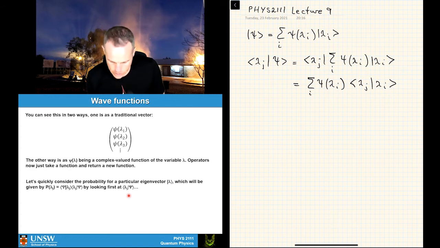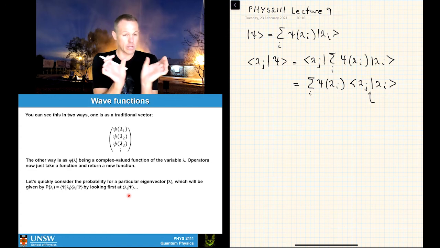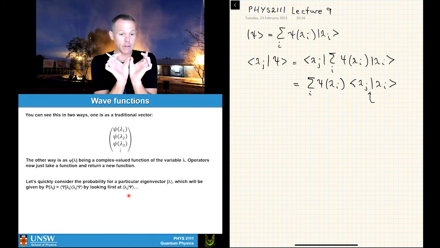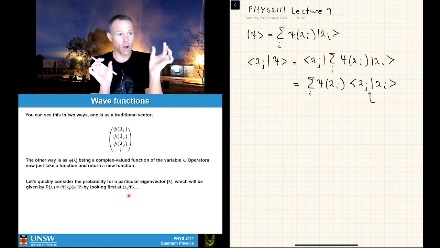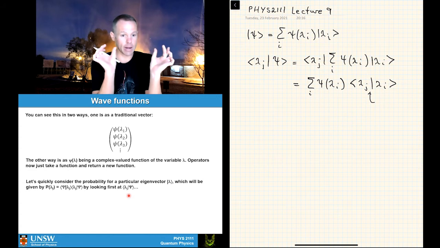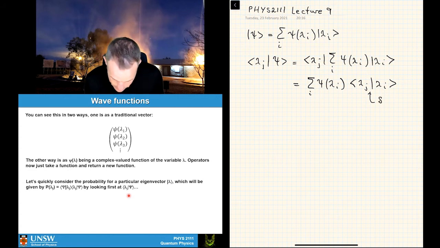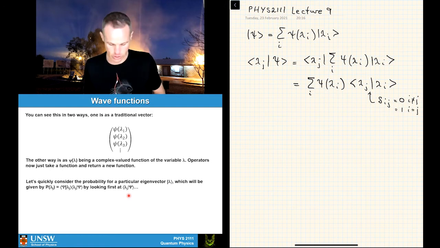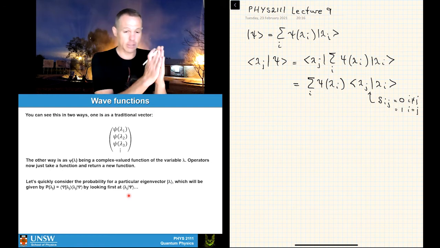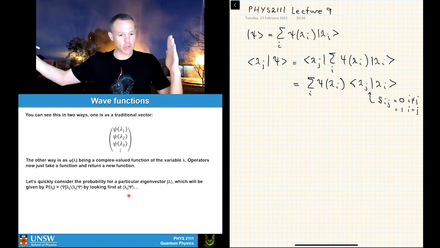And of course, we know this thing, lambda j, lambda I, is really just an orthogonality relation. We've got an eigenvector lambda j and an eigenvector lambda I, and we're taking the inner product. So this thing's going to be delta ij, and we know that delta ij equals 0 if I is not equal to j, and it's equal to 1 if I is equal to j. Saw this one earlier. So what's going to happen is that we're going to be adding a whole pile of terms.